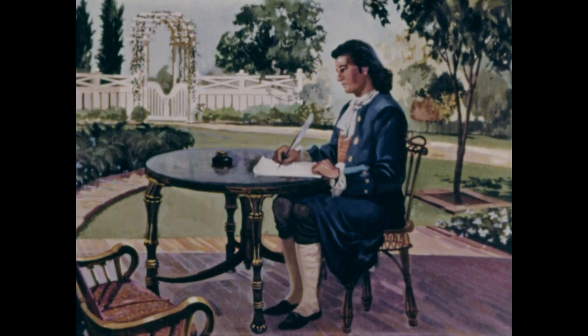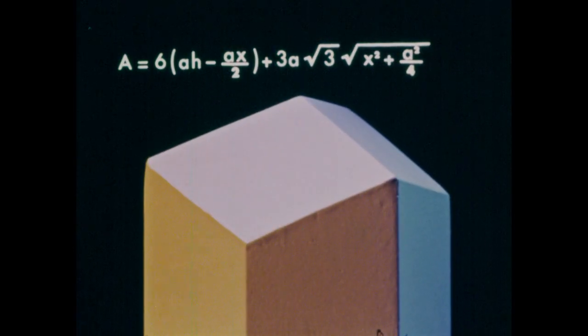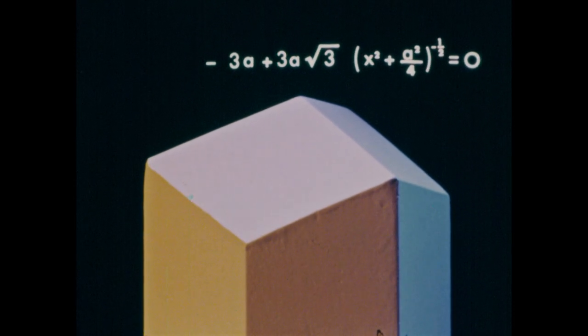Some 300 years ago, Newton invented the calculus. About 75 years later, when few men understood the method, Koenig manipulated the formula for the area according to the precise rules of the calculus. The mathematician calls it differentiating with respect to x and equating to 0 to minimize.